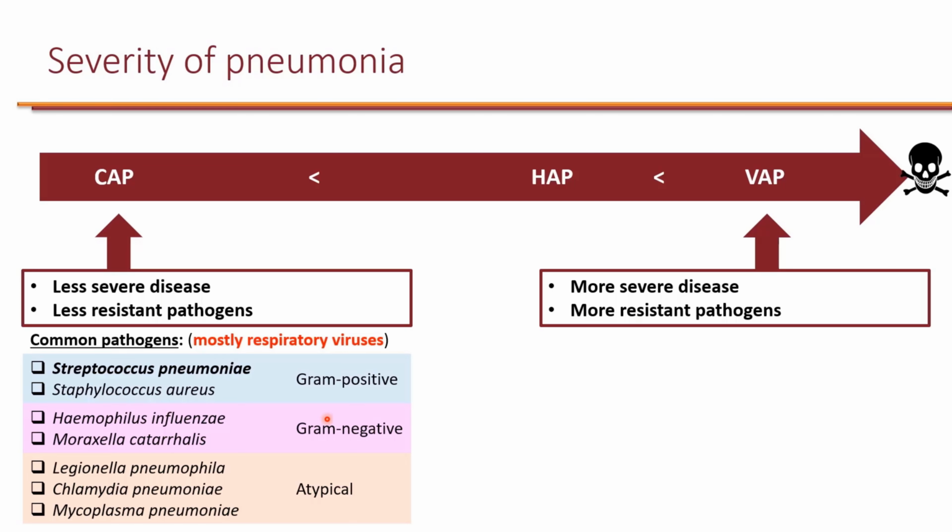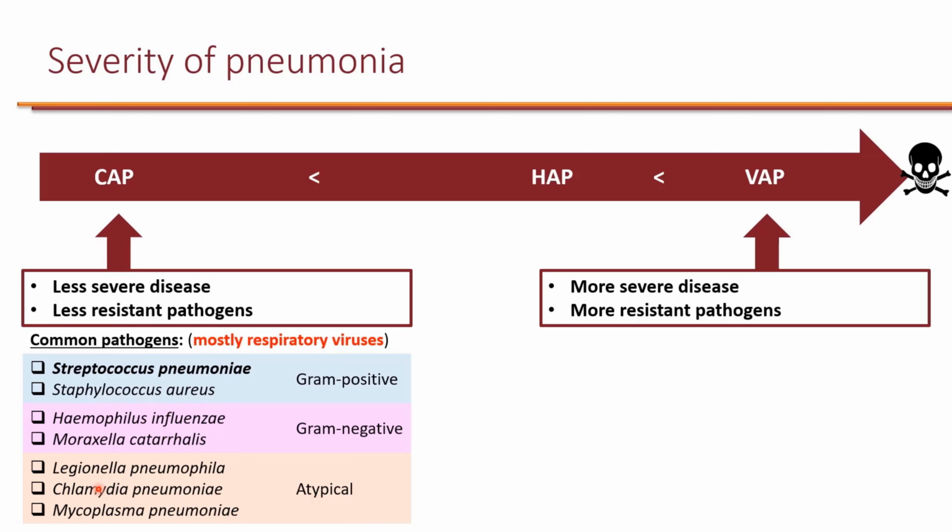Now, there are a couple of gram-negative organisms that are likely to cause CAP, so Haemophilus influenzae and Moraxella catarrhalis. Of note, these two pathogens in the United States are likely to produce beta-lactamases, so that's important to keep in mind when we select treatment. And lastly, there are atypical organisms that can cause community-acquired pneumonia, such as Legionella, Chlamydia pneumoniae, and Mycoplasma pneumoniae.